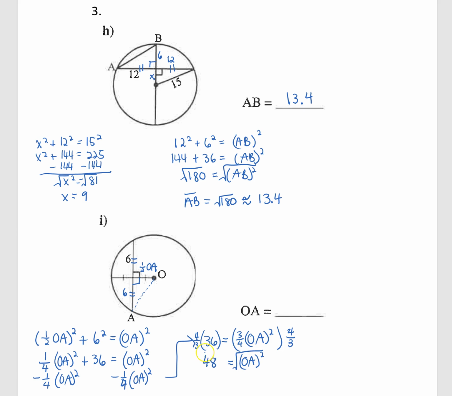Now I just have to take the square root of both sides, and OA is equal to the square root of 48, which when we round is about 6.9. So OA, rounded to one decimal point, is equal to 6.9.